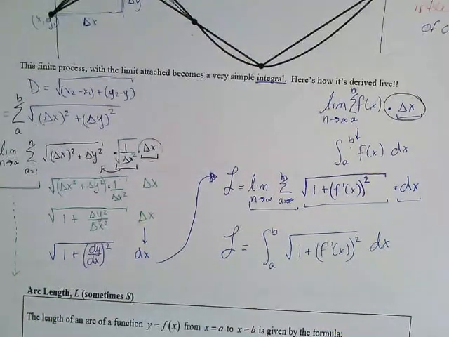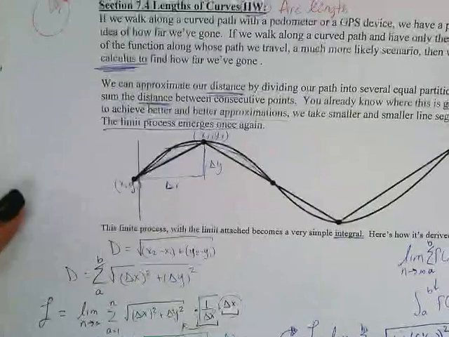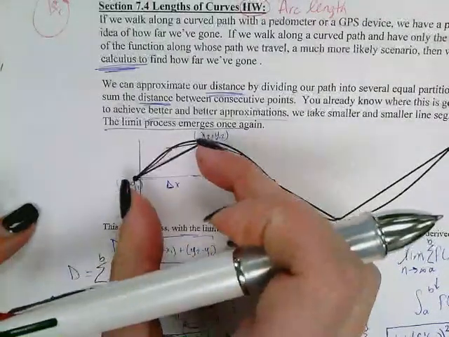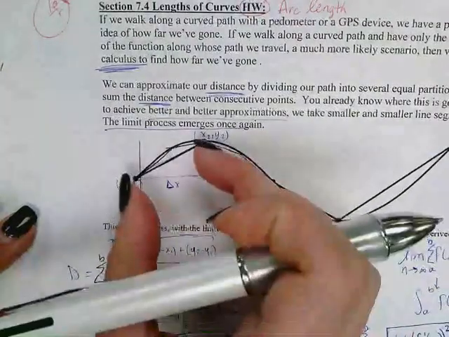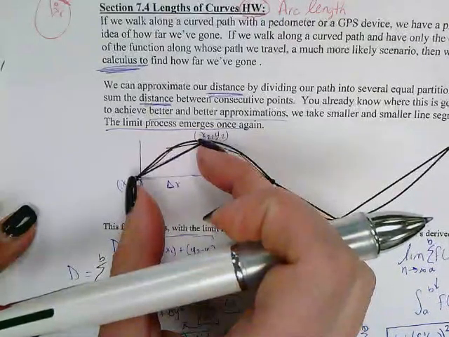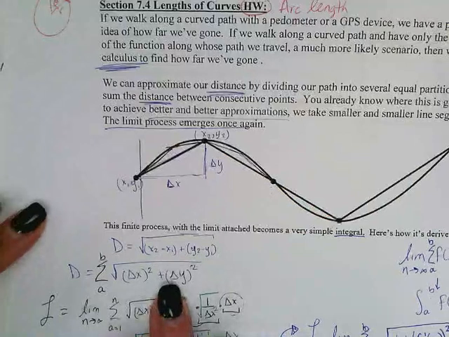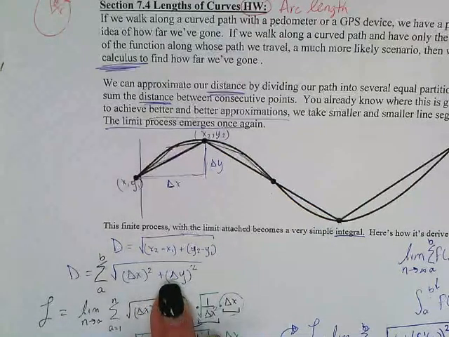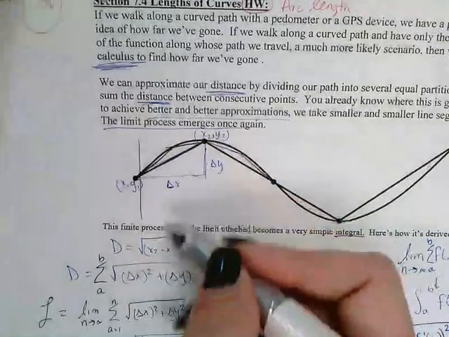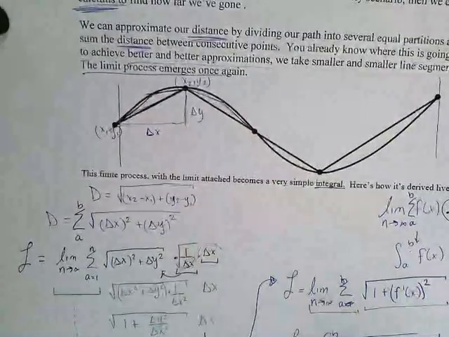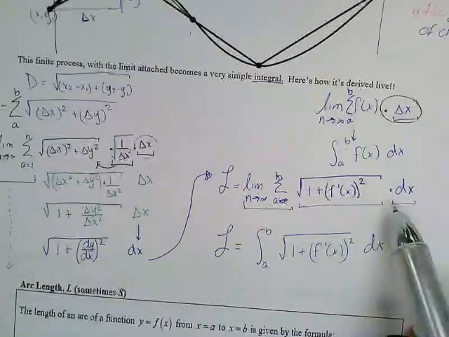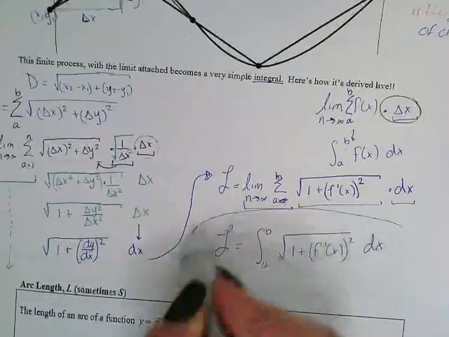So there's our proof of how they started off with saying, okay, let's divide this into equal line segments, add them all up, take the sum of them. But if we do that, then we can basically take a better approximation using calculus. There's our proof.